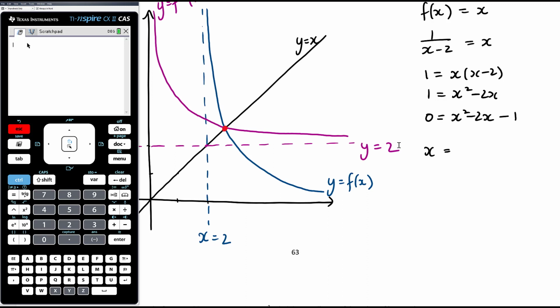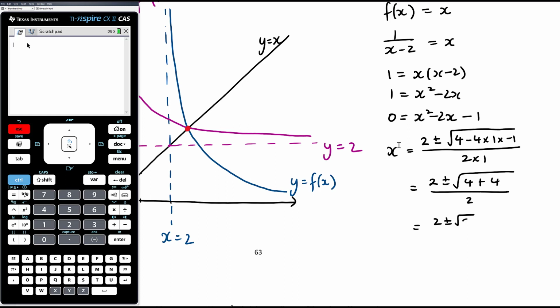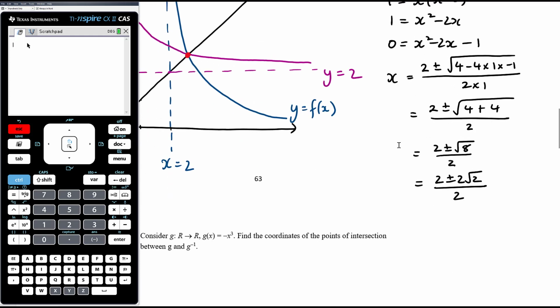Negative b, so that's negative negative 2, positive 2, plus or minus the square root of b squared, which is 4, minus 4 times a, which is 1, and times c, which is negative 1, all over 2a. So we're going to have 2 plus or minus the square root of 4, negative 4 times negative 1, so it's going to be 4 plus 4. So we've got 2 plus or minus root 8 over 2. Root 8 is 2 root 2, simplifying your surds. And then simplifying your fraction, we can divide everything there by 2 to get 1 plus or minus root 2.